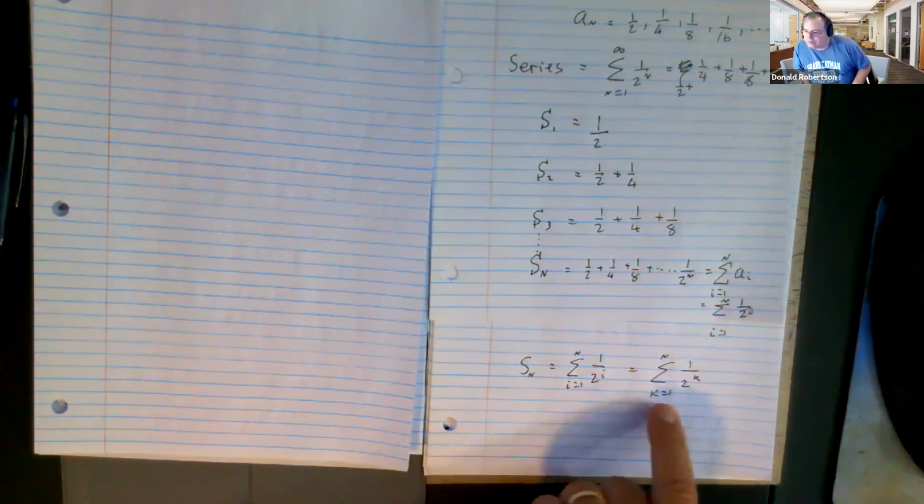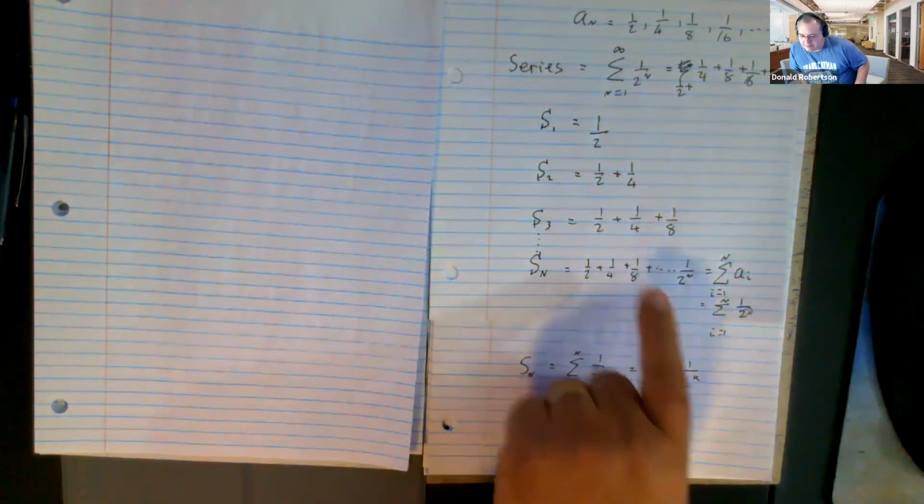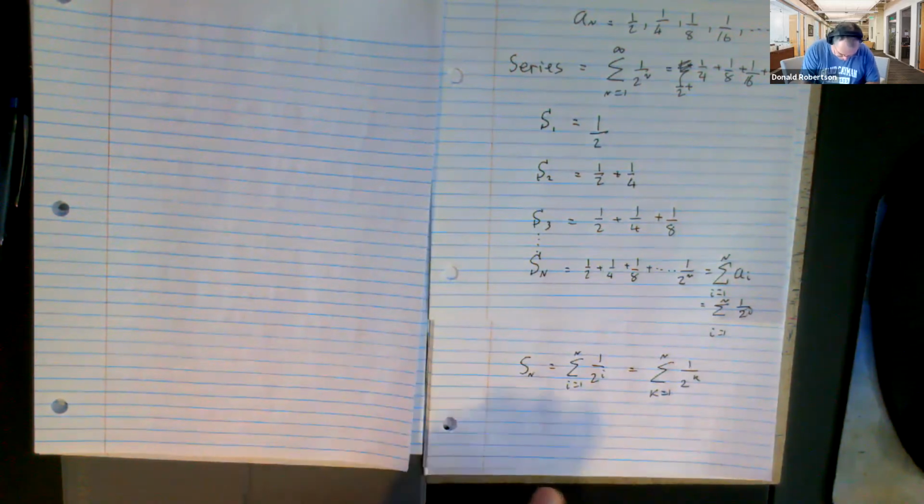These variables, the i and the k, are just counting variables. Couldn't I use any letter of the alphabet if I felt like it? Couldn't I say c equals 1 to n of 1 over 2 to the c? Wouldn't that be the exact same as this, which would be the exact same as that? So these are called partial sums.